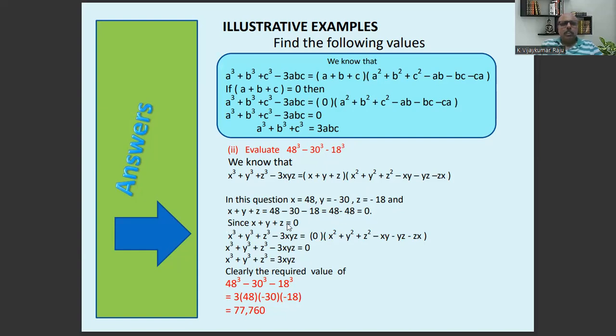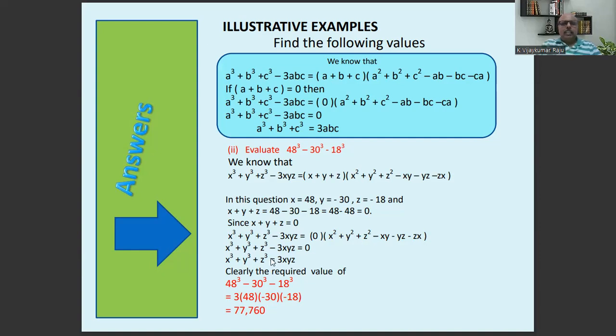So since x + y + z is 0, therefore x³ + y³ + z³ is equal to 3xyz. That means 48³ − 30³ − 18³ will be just equal to 3 × 48 × (−30) × (−18). Multiply the numbers. Minus minus becomes plus, so you'll get a positive answer.